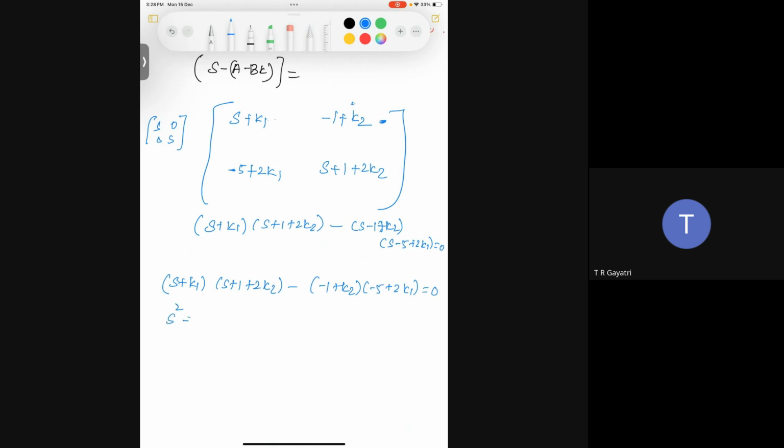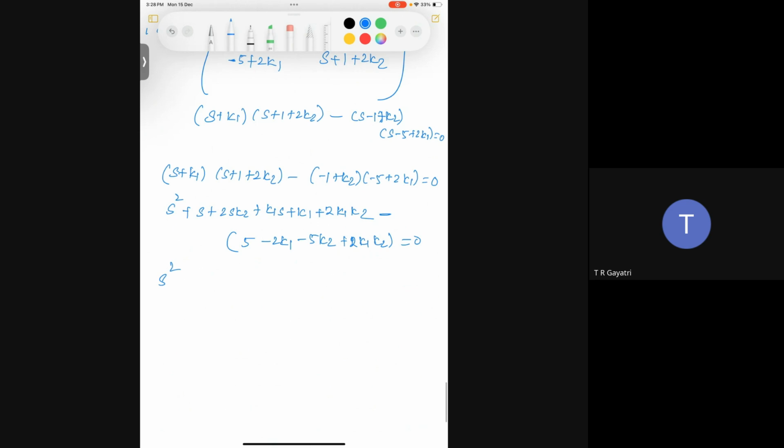Now it is s square plus s plus 2s k2 plus k1 s plus k1 plus 2k1 k2, minus 5 plus 2k1 plus 5k2 minus 2k1 k2, equal to 0.